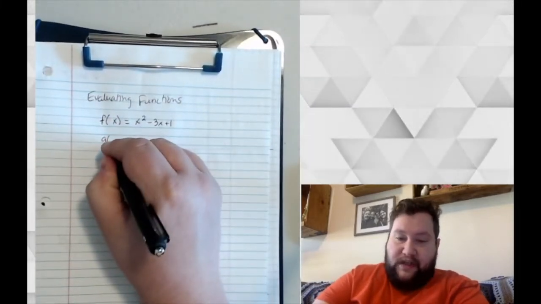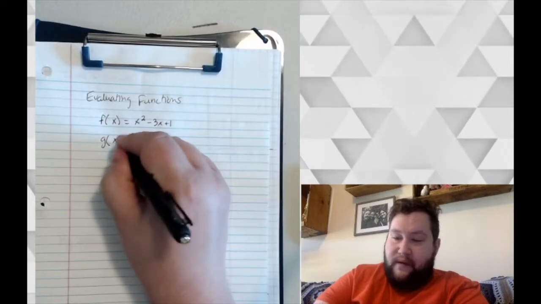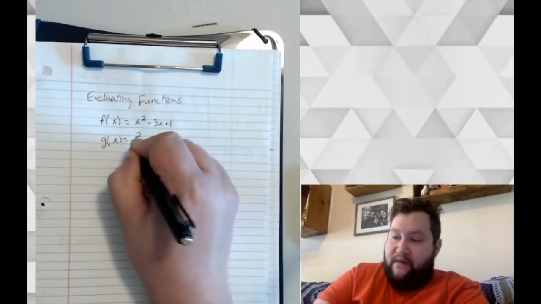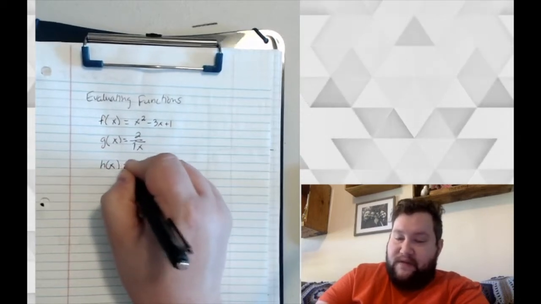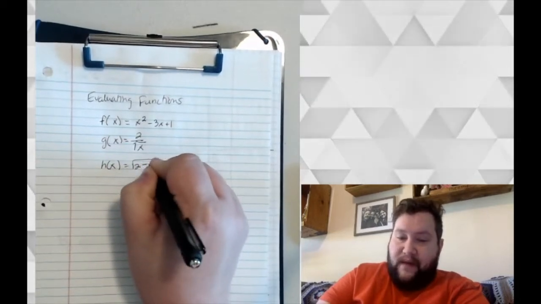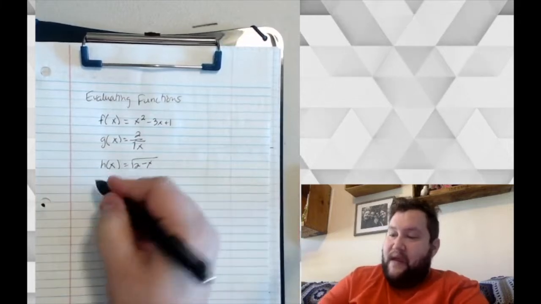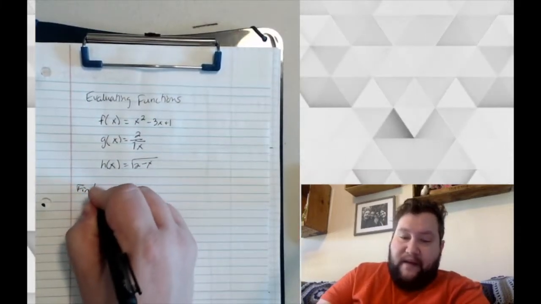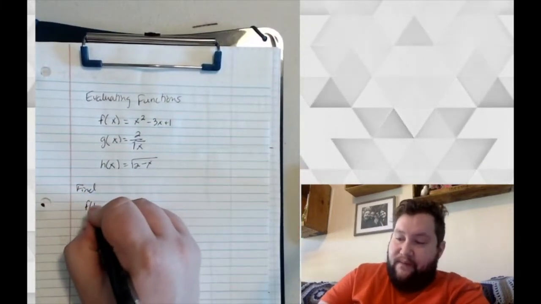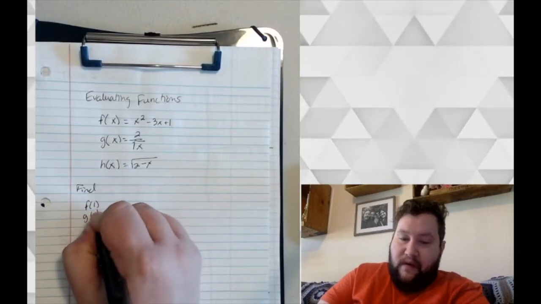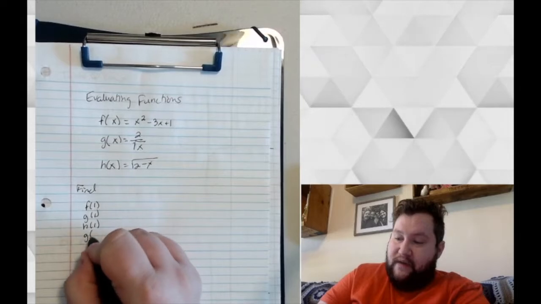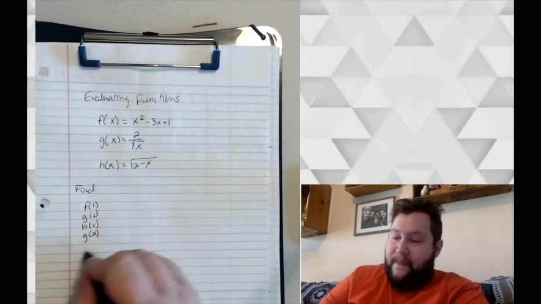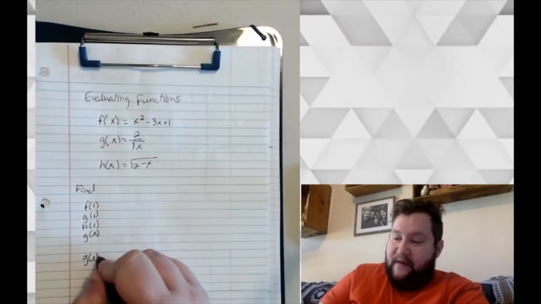Our function g, which is defined as 2 over the square root of x, and our function h, which is defined as the square root of 2 minus x. And my directions say find f of 1, g of 1, h of 1, g of some general a, and g of x squared.